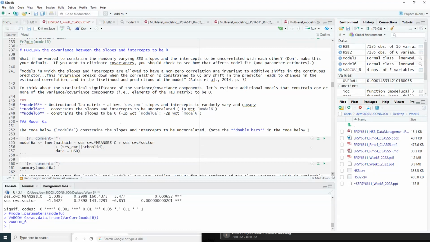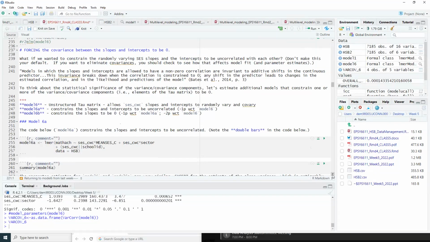If you constrain the covariance to be equal to zero and you change the centering of the model, those models will no longer be equivalent, because that covariance has changed.